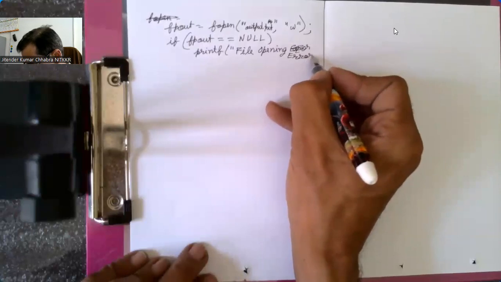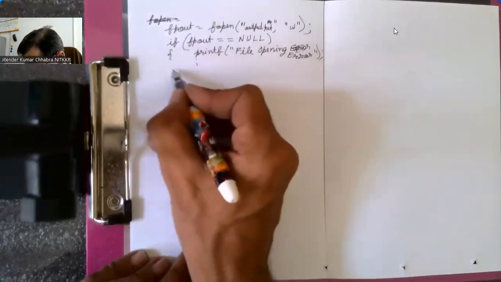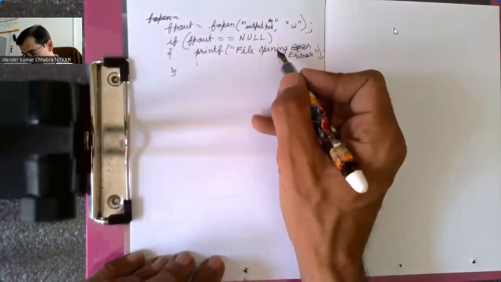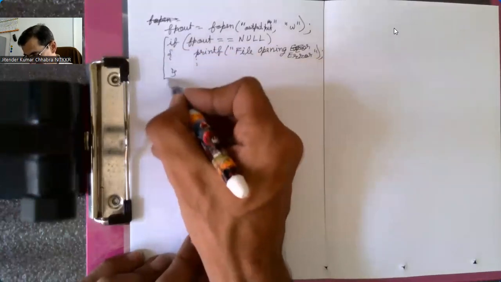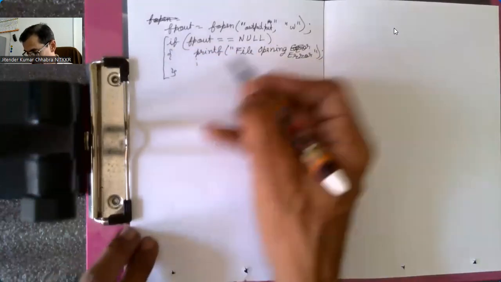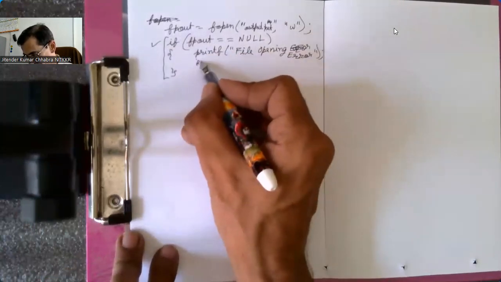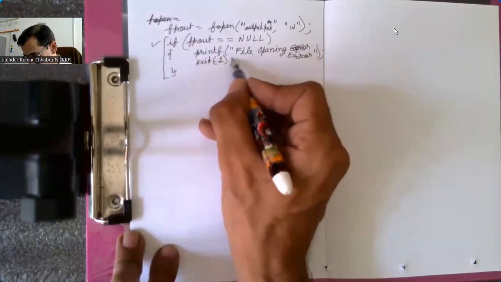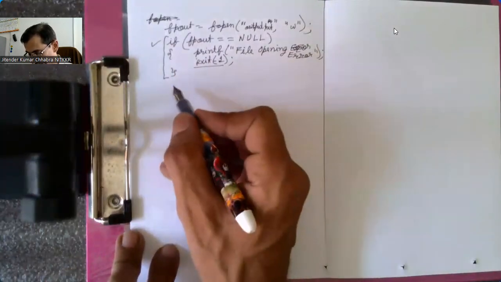With output files, normally this problem will not come because the file will be created by default, but maybe the hard disk was full and you have no space to create a file, so this could happen. This will be more frequent in input files, but for the time being it can happen here also. So we must normally check this, and then maybe you want to exit or do whatever, to symbolically tell that the file could not be opened and we can't proceed further.